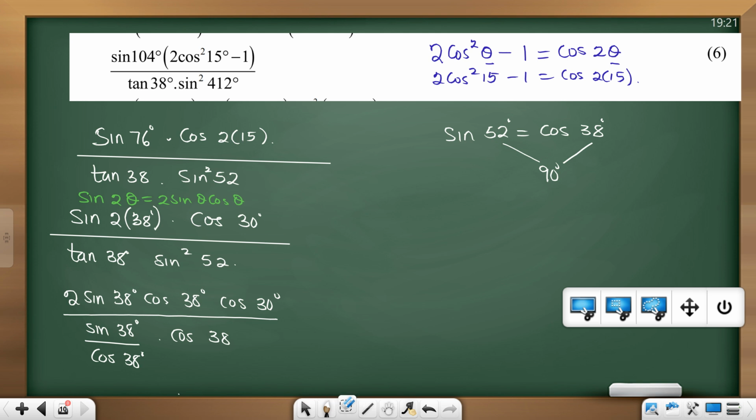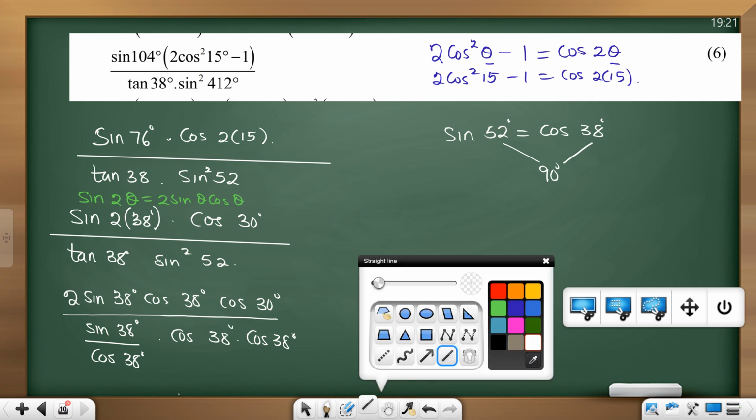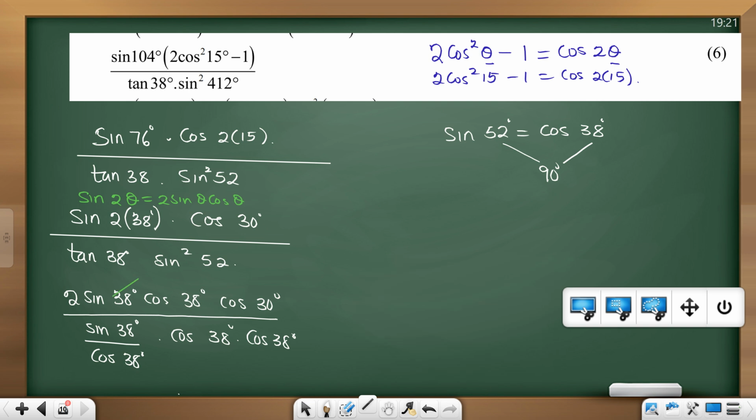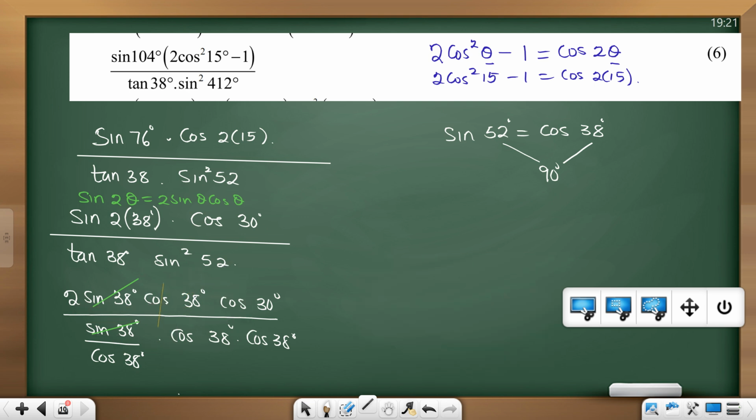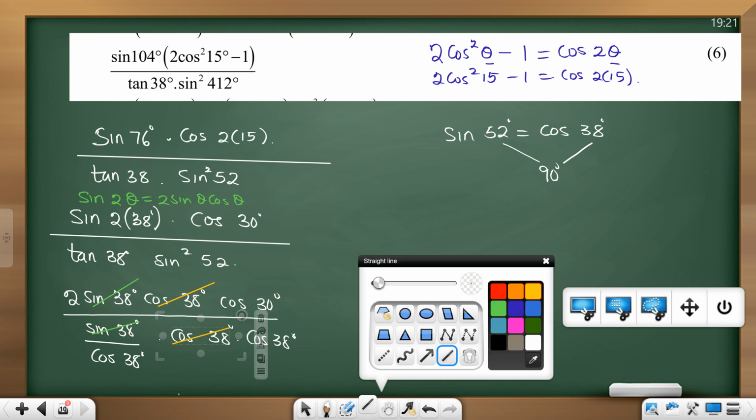Okay, can I break this down? Cos 38. Oh, look at the beautiful cancellation. I'll use colors to do the cancelling. This one would cancel each other. Okay. This one would cancel each other. Do we agree? This one will cancel each other.